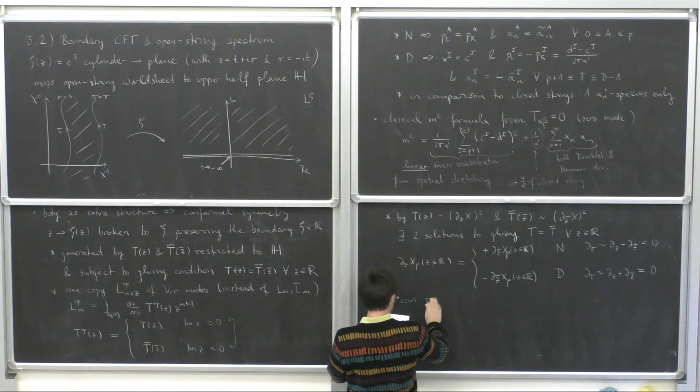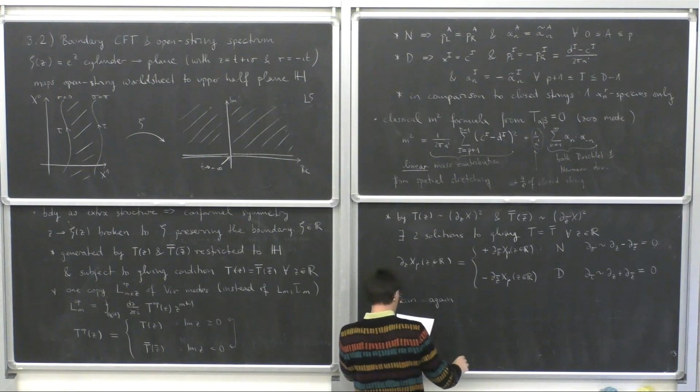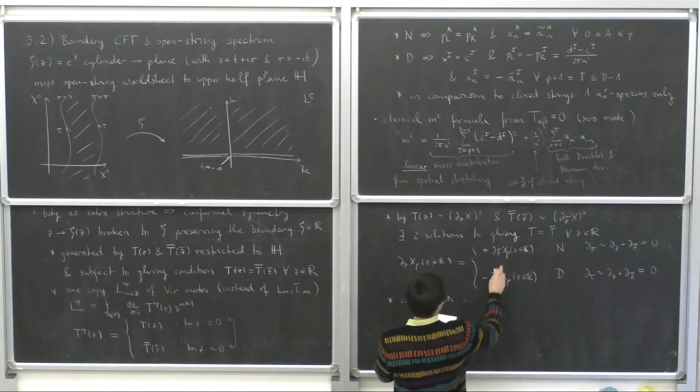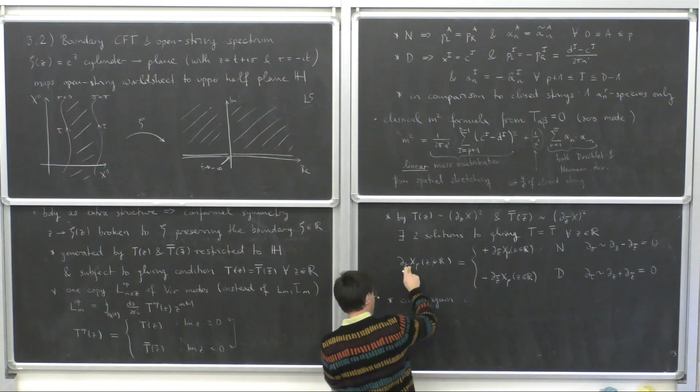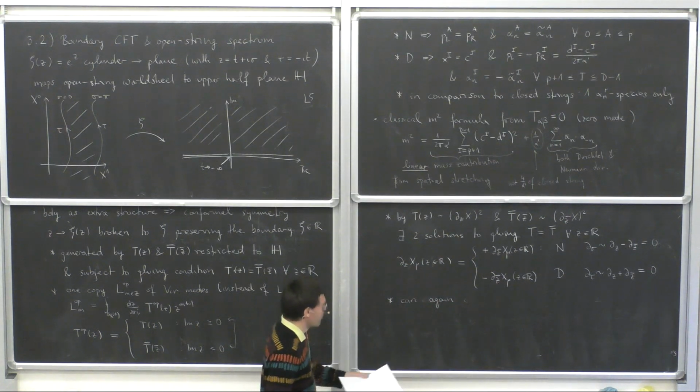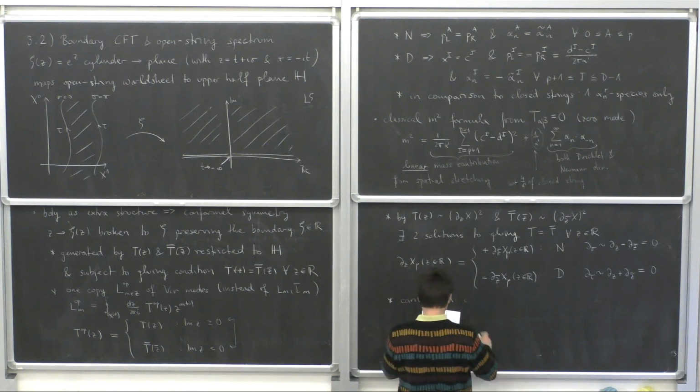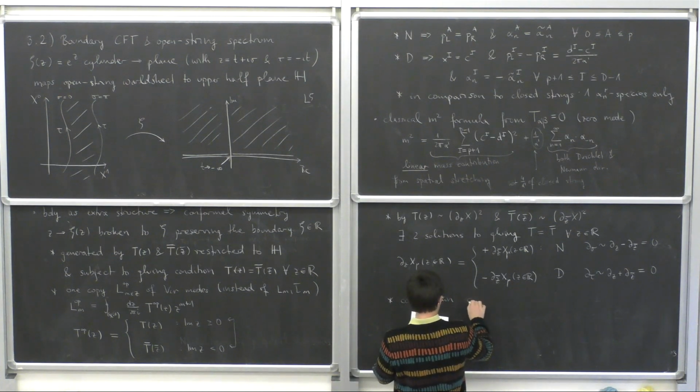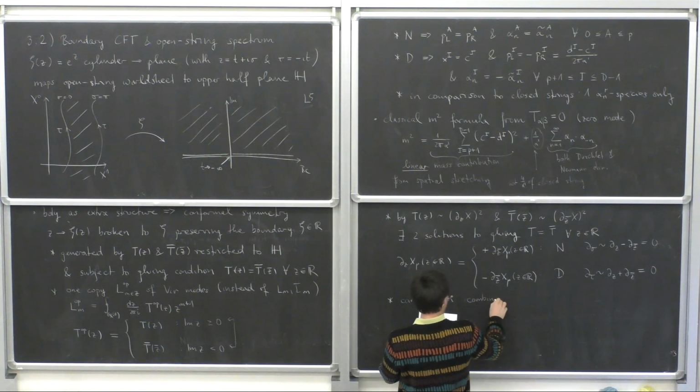As I was alluding to, you can again patch together the information of del X on the upper half plane together with the information of the anti-holomorphic derivative, again just on a half plane. So you can again use the fact that two half planes combine to a full plane.